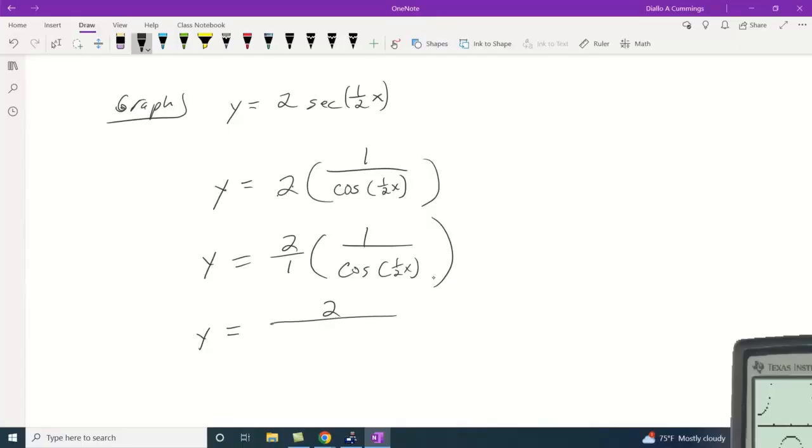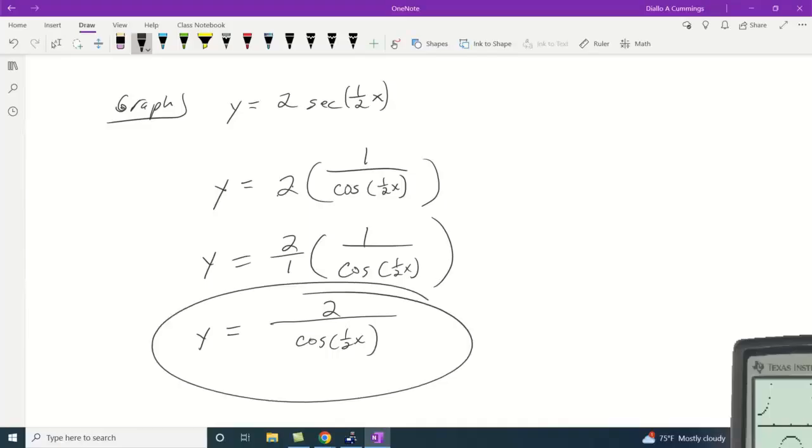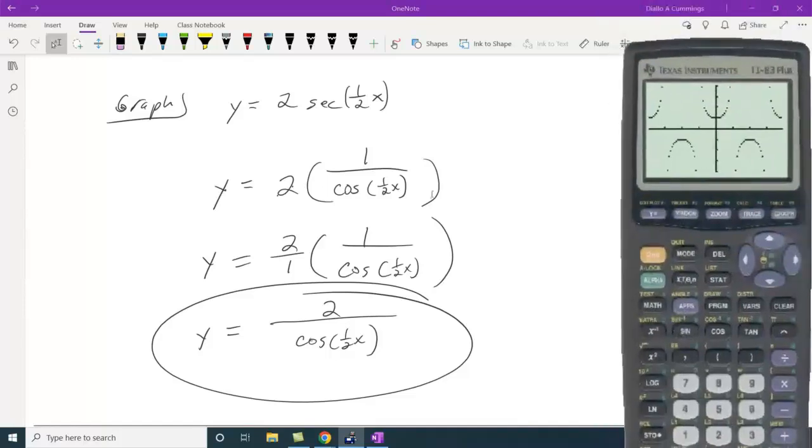So I want to have 2 divided by the cosine of 1/2 x. So this is what I must put into my calculator. The first thing I did was I changed secant to 1 divided by the cosine, and then I just combined everything to make one term.